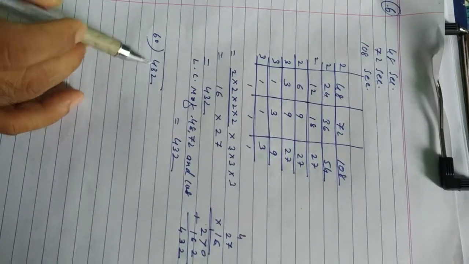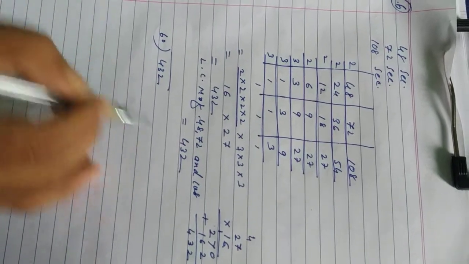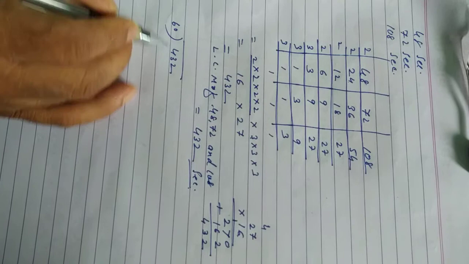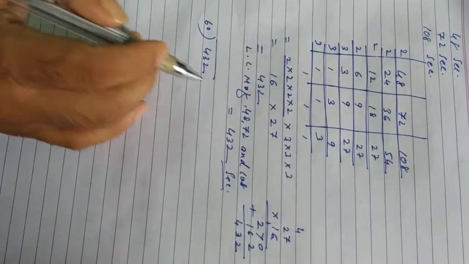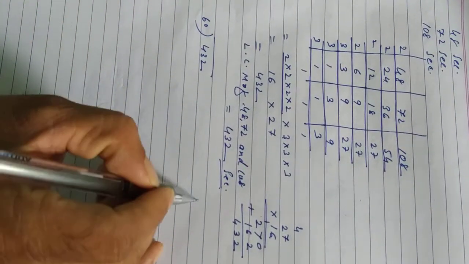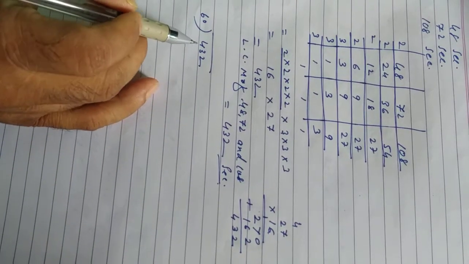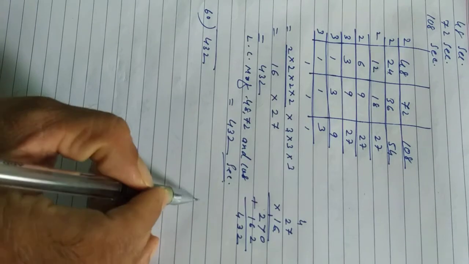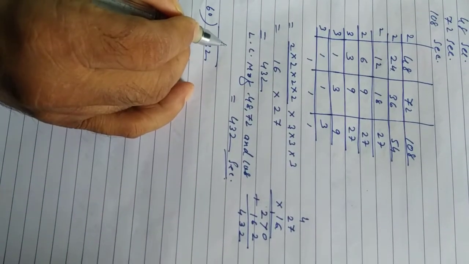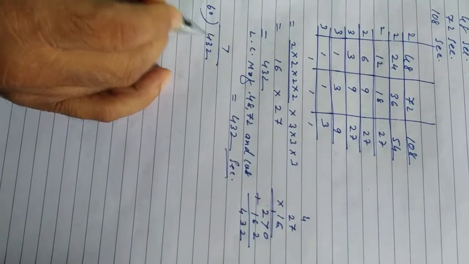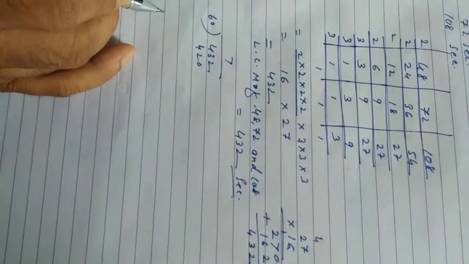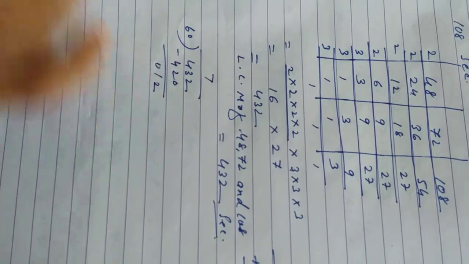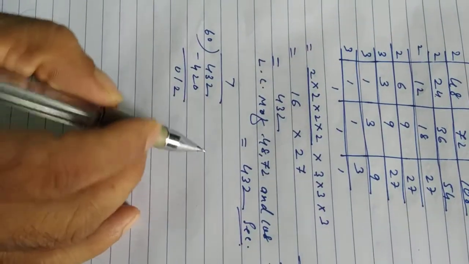So now 432 divided by 60. 6 6s are 36, 6 7s are 42, 6 8s are 48. So it can be divided by 7. 6 7s are 42, so 420, and 12 remains.